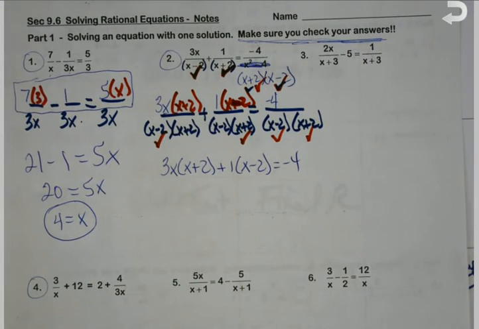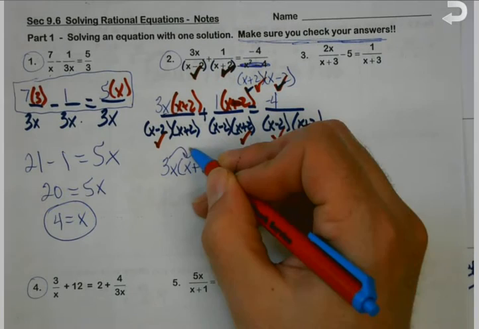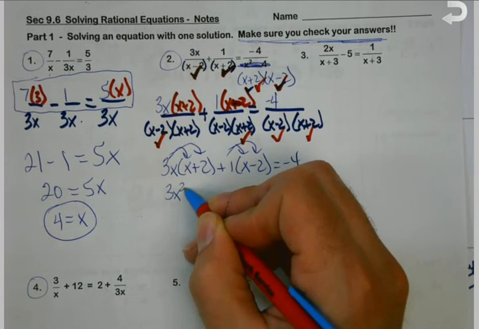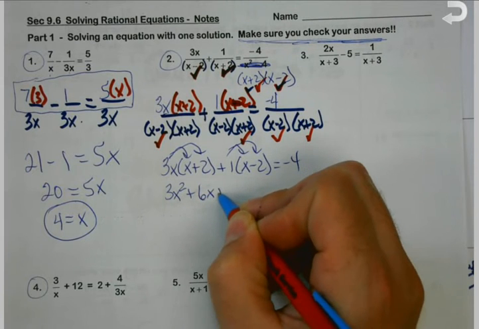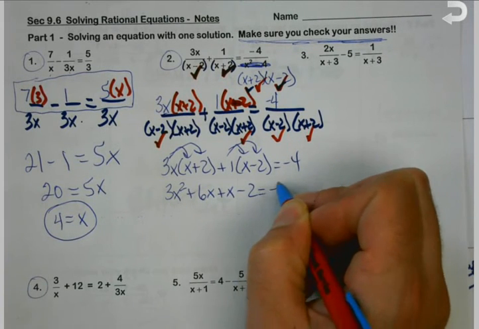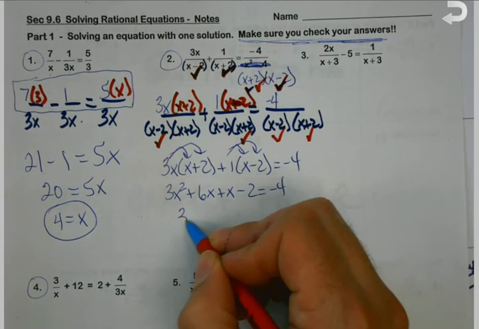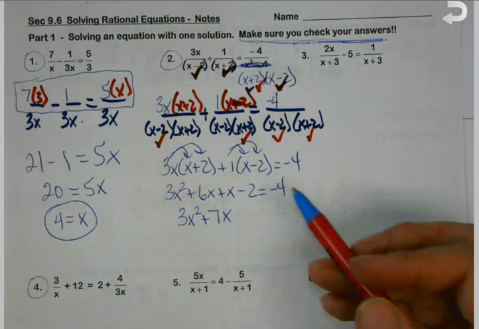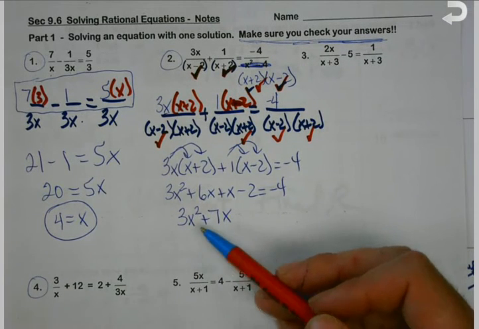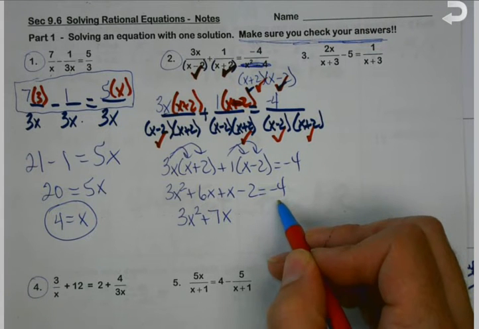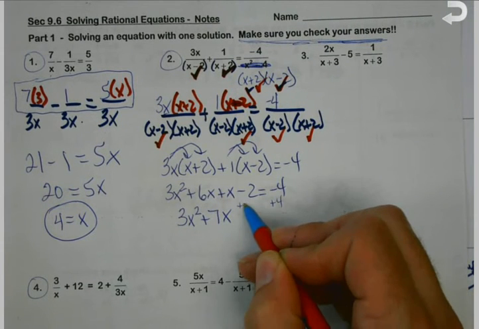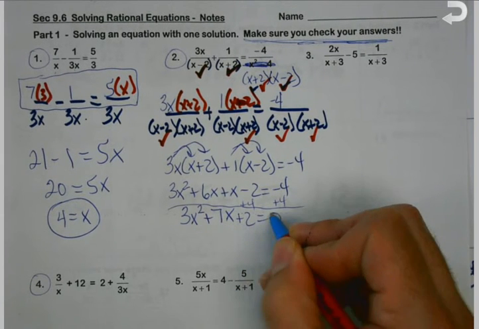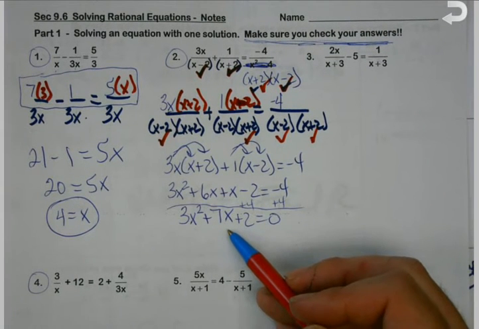And then, of course, as we normally would here, we're going to distribute. We're going to combine like terms. And the one extra thing we're going to do here, because I see there's a squared term, I'm going to have to factor. So I'm going to go ahead and plus the 4 over to have all my terms together. Now at this point you need to find a way to factor this.